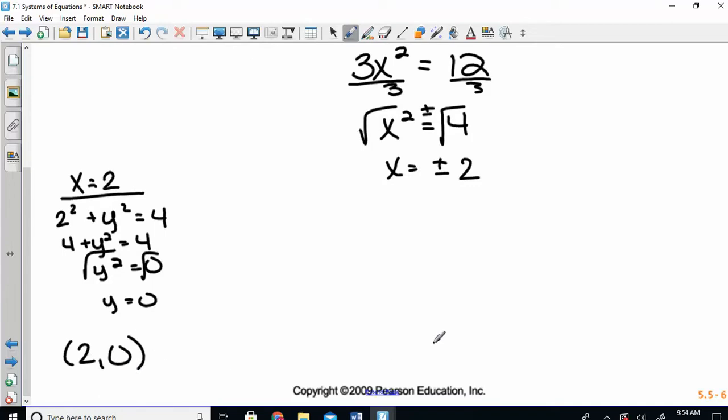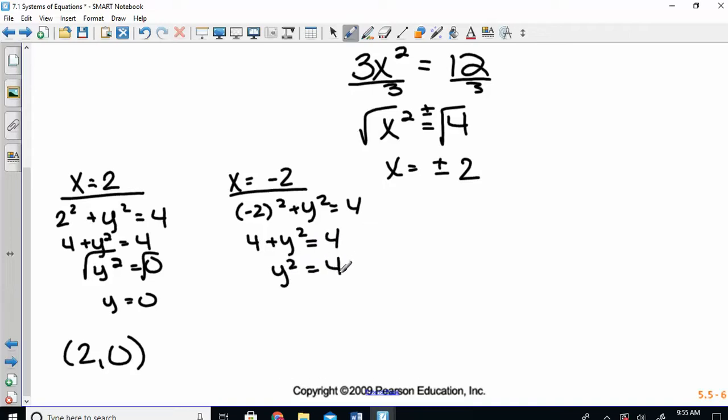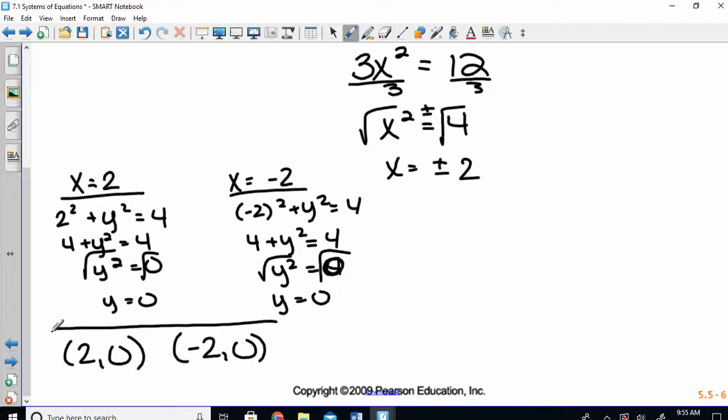So 2, 0 is one of my answers. What about the negative? Well, let's plug in negative 2. So negative 2 squared plus y squared equals 4. So we get y squared equals 0 again, so y equals 0. So negative 2, 0. That's my second answer.